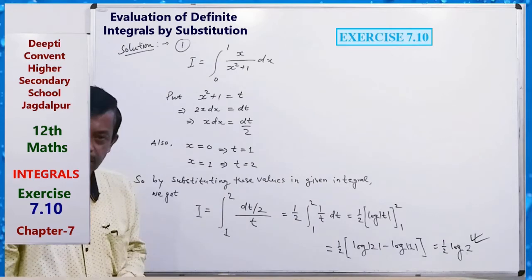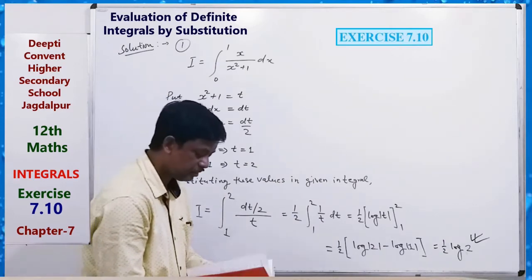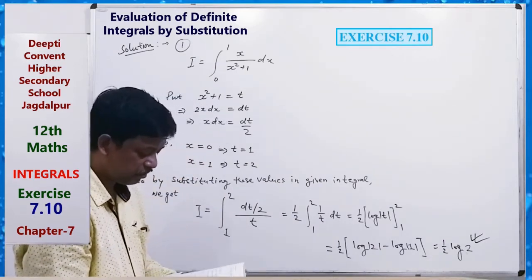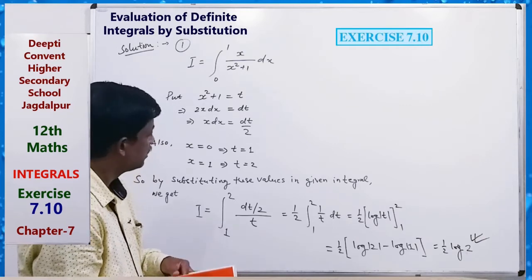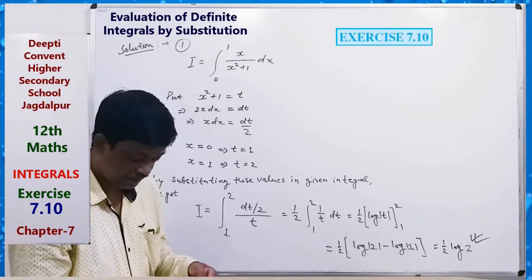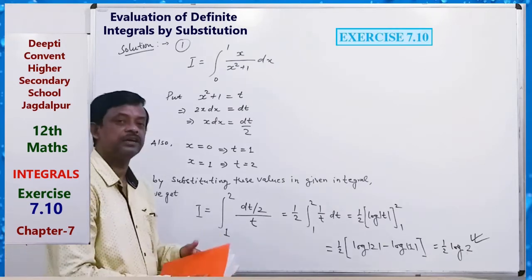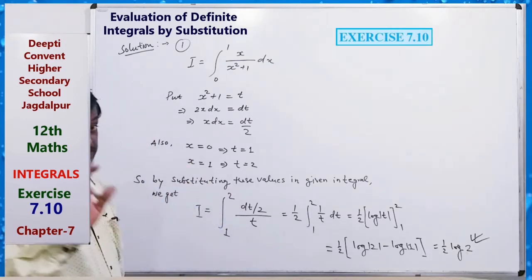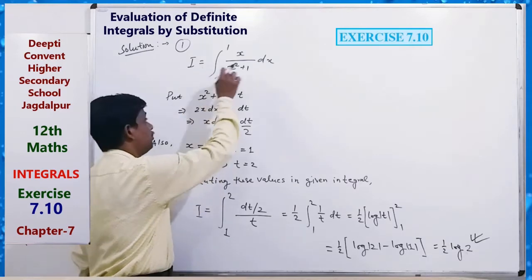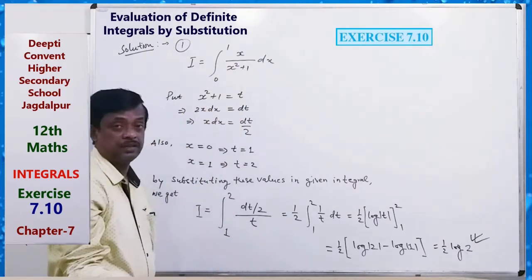So this is the method of solving a definite integral by using substitution. Clear? The answer is 1 by 2 log 2. The method is just to use substitution.